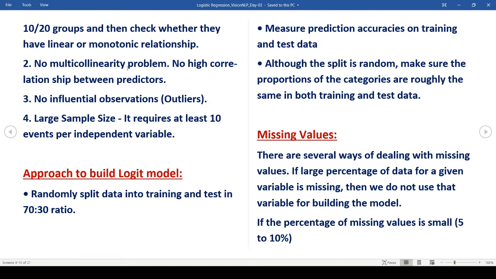But here we do not bother about outliers because it doesn't have multiple values, it just has two values, 0 and 1, at the end. So everything boils down to 0 and 1, the categorical variable, when we are dealing with logistic regression, right?